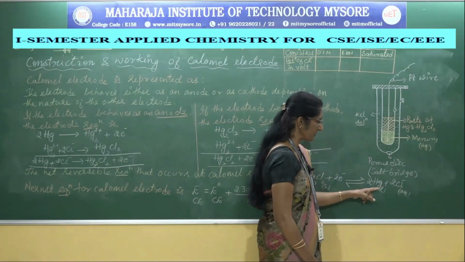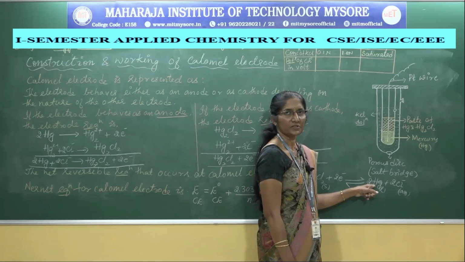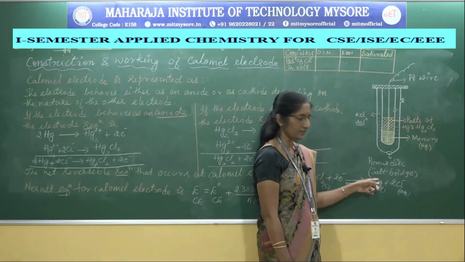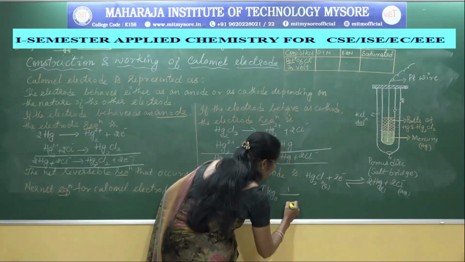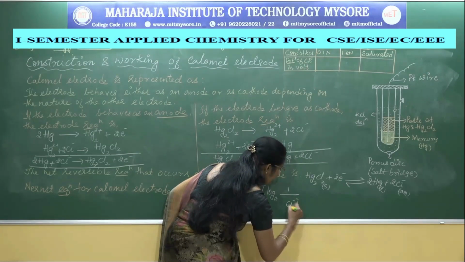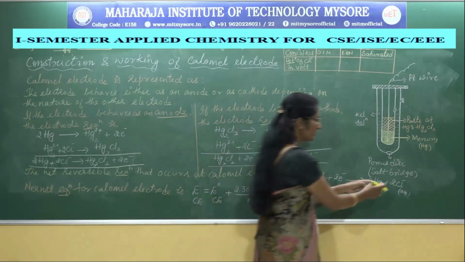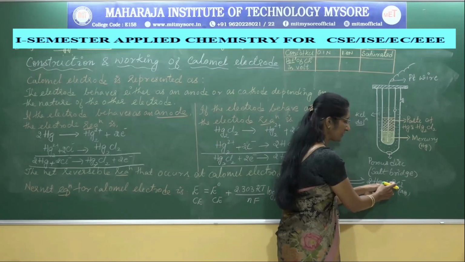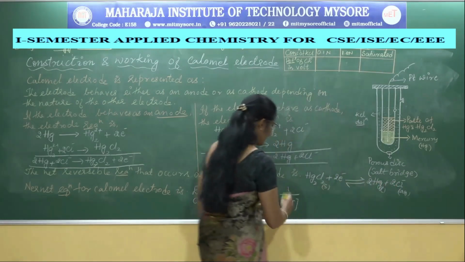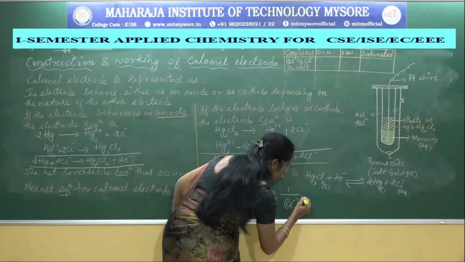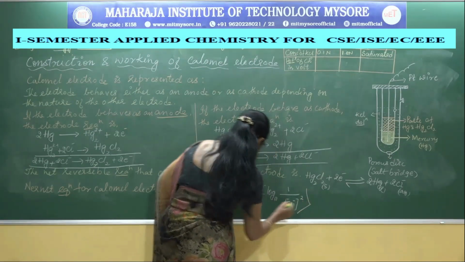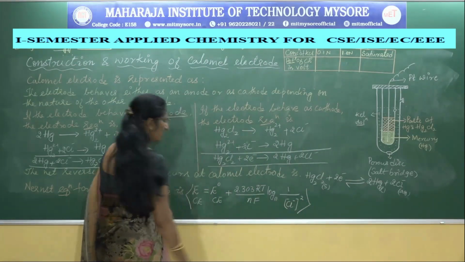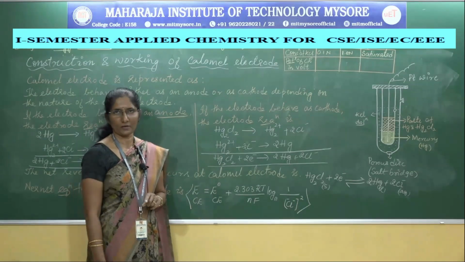The concentration of a liquid is also considered as 1. So, therefore, it becomes Cl minus. Observe that here 2 moles are present, so therefore the number of moles is raised as a power. This is the Nernst equation to calculate the potential of the calomel electrode.